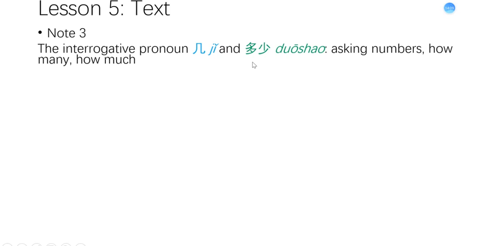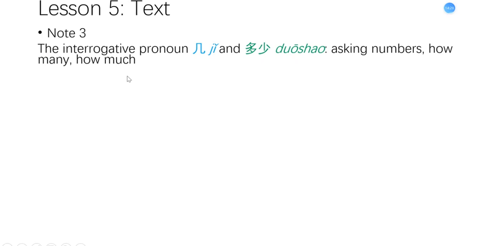And there's also a similar interrogative pronoun, which is 多少. Both 几 and 多少 in Chinese are used to ask about numbers, which means like how many or how much.